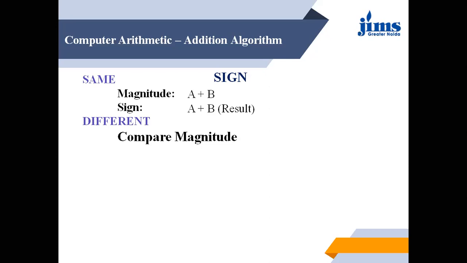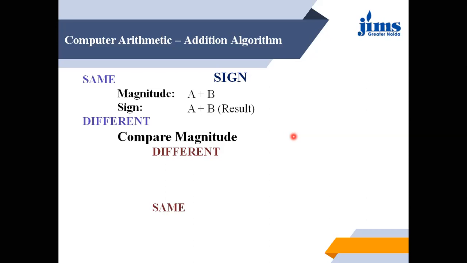When both signs are different, in that case we have to compare the magnitudes of both the numbers, and the magnitudes can be different or they can be the same. When they are different, then we subtract the smaller number from the bigger one, only the magnitude.